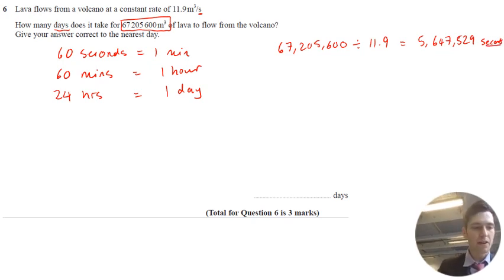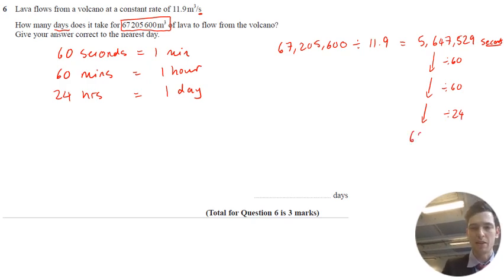Now, how do I convert that time into days? Well, I need to use the conversion ratios I've already worked out. So I need to divide by 60 for the time in minutes, divide by 60 again for the time in hours, and finally divide by 24 for the time in days.